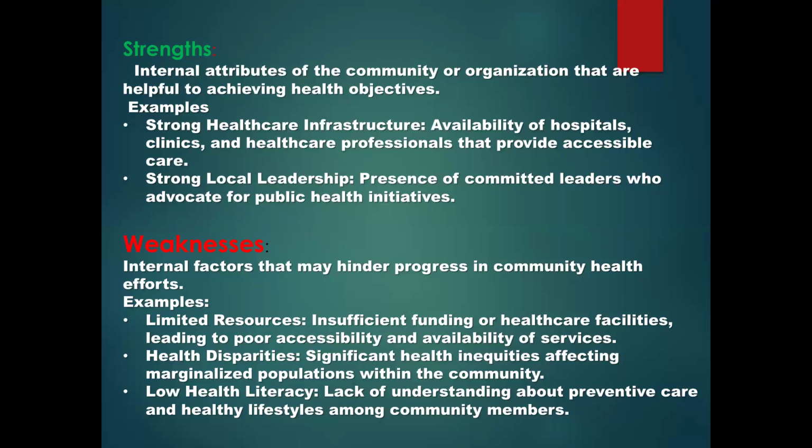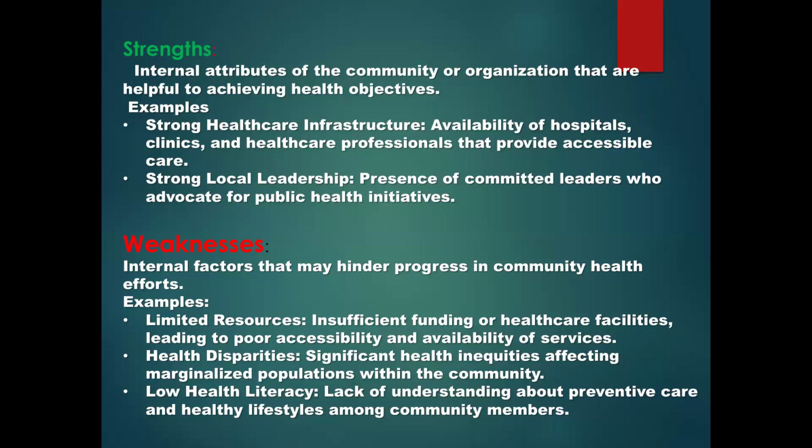So whatever is absent in that community that is necessary is known as weakness. And then whatever is necessary for a healthy community that is present is known as strength. Strong leadership system is a strength. Strong healthcare infrastructure is a strength. High level of health literacy is a strength.